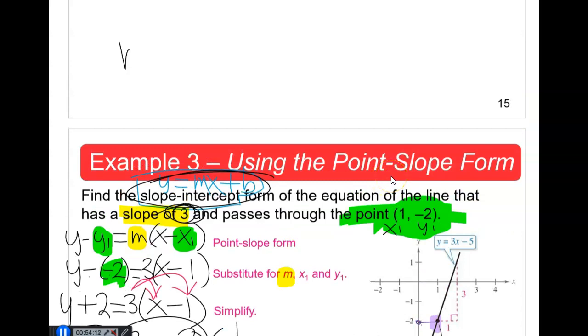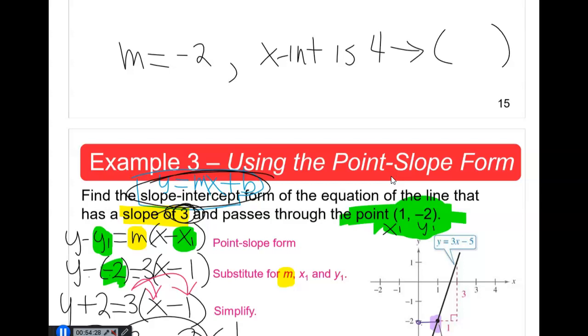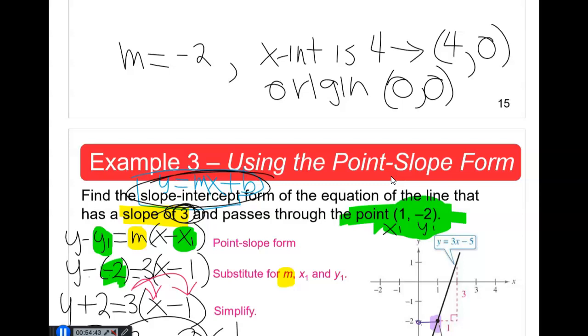Let's say they tell you the slope is negative 2, and the x-intercept is 4. What does that mean? If it's the x-intercept, the y-coordinate must be 0, and the other one is 4. So that is how you can get a point. Or if you're told the origin, then you have the point 0, 0, if it says it passes through the origin.